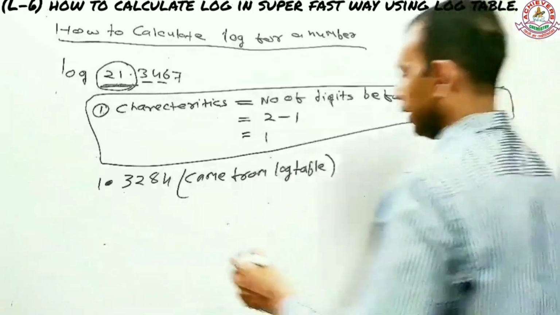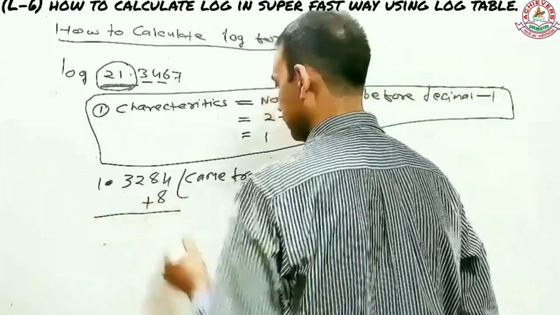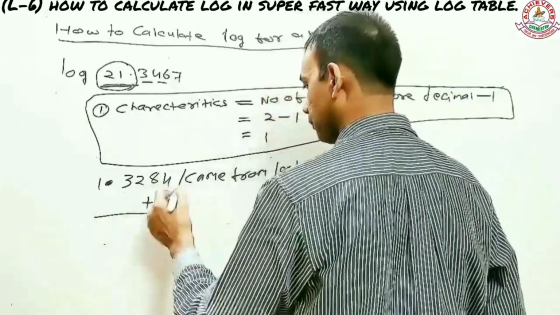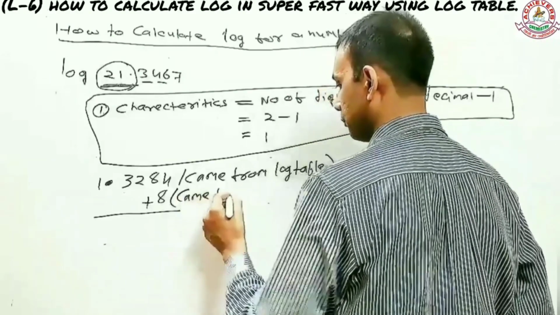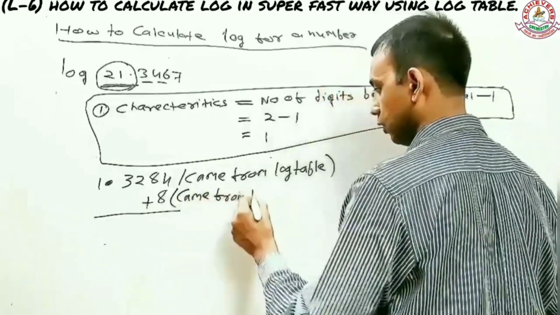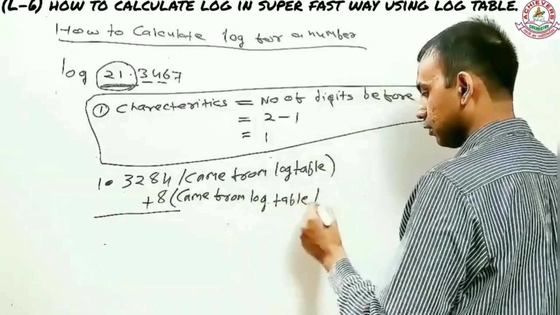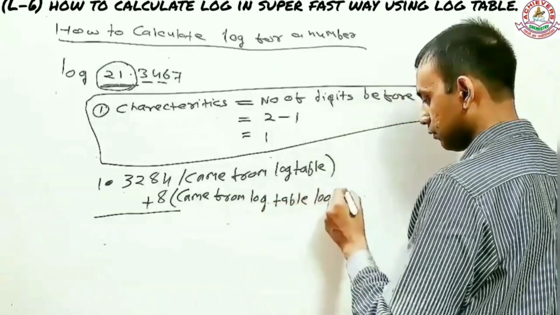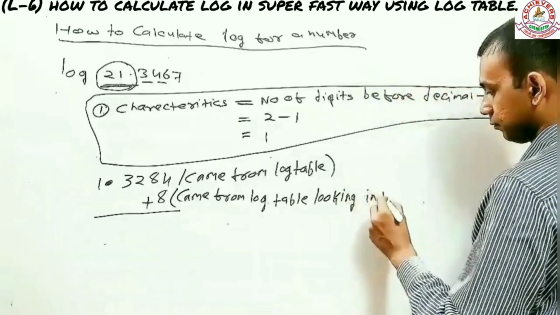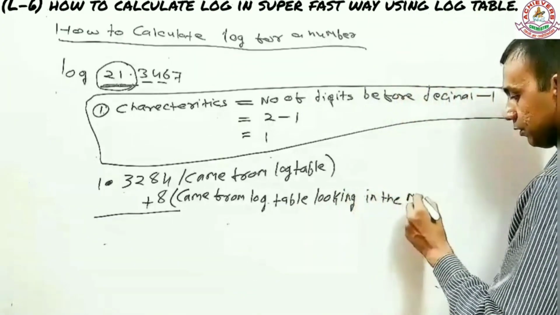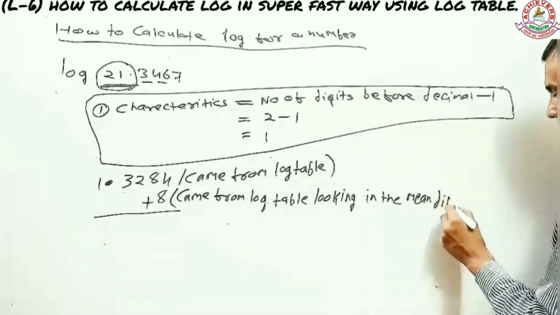So I'll be adding this 8 right here. Where has this value come from? It came from the log table, looking in the mean difference column.